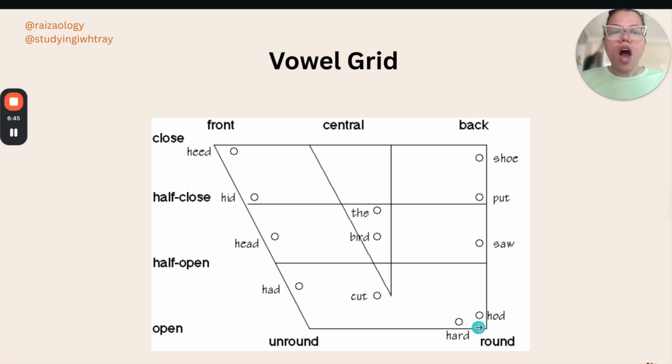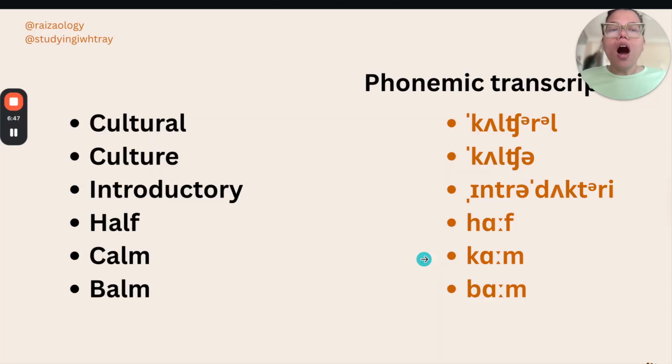So here's like half, half term. You see my tongue? Pulled back. Half, half. And the same goes for calm and balm. Lip balm. I hate saying this word because it reminds me of bum. But bum and balm are quite different, right? So the L is silent.